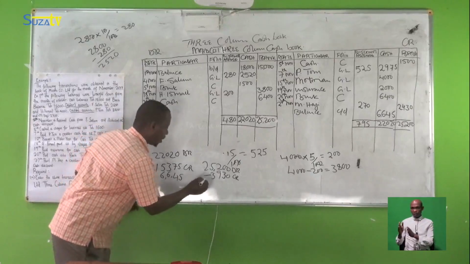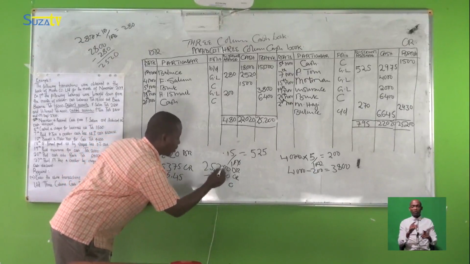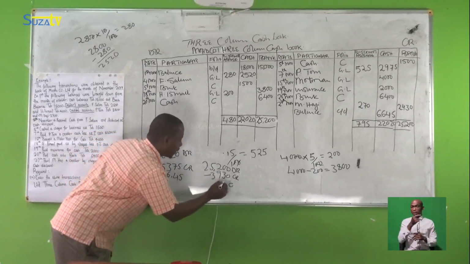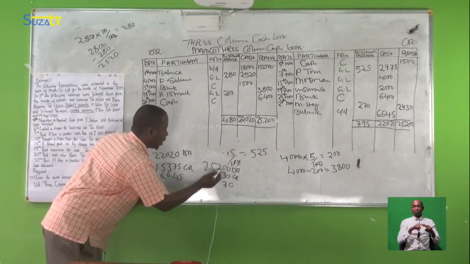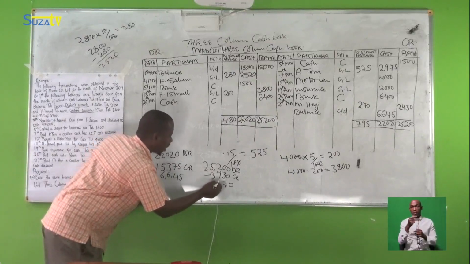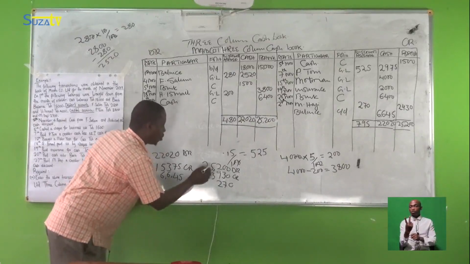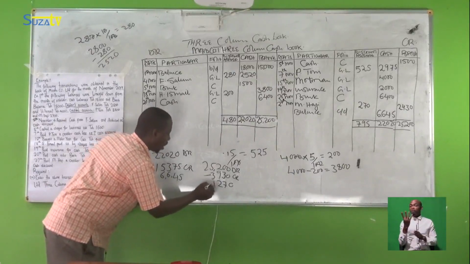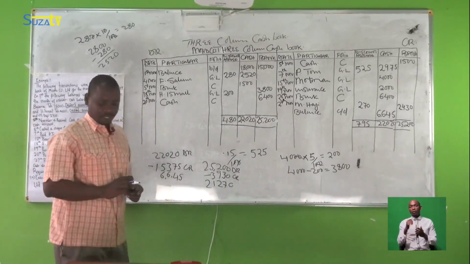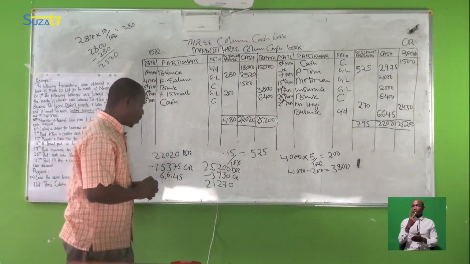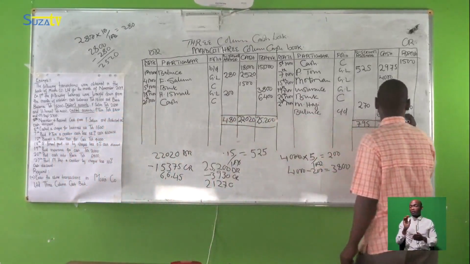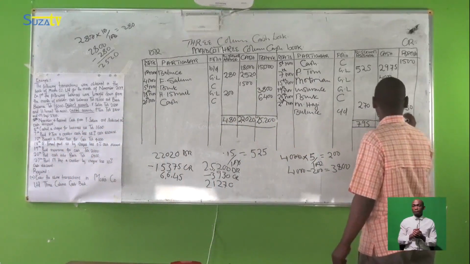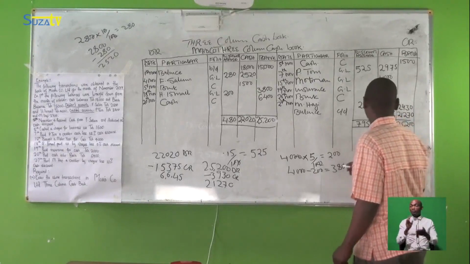The difference is 21,270. You put it here.